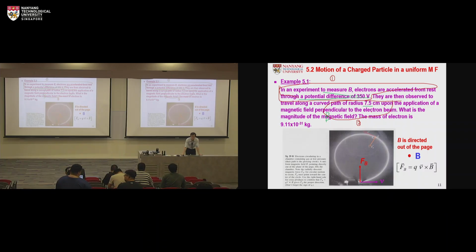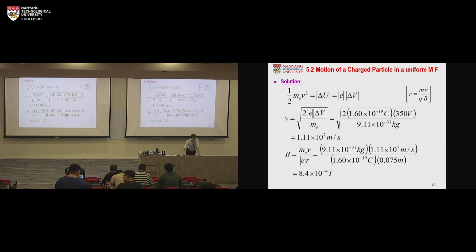For process 1, it's just an electron accelerating under a potential difference. This is the equation: the work done by the potential difference makes this electron gain kinetic energy.